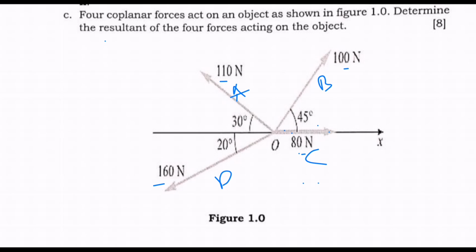So the first thing, I need to use this 110. How can I find it?